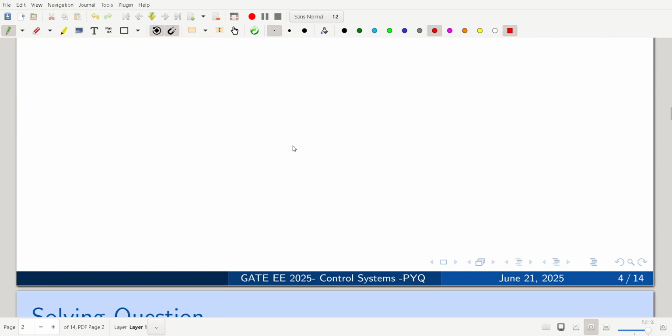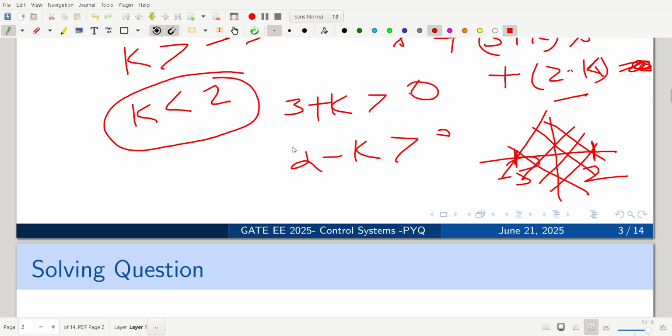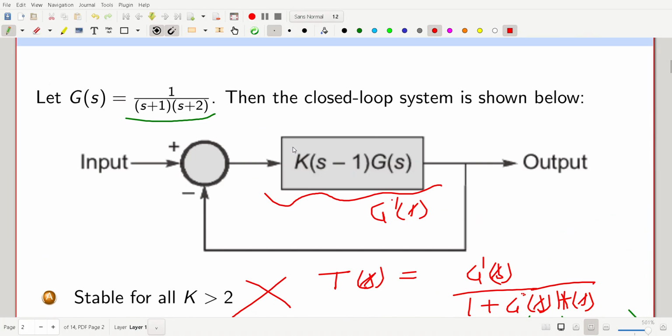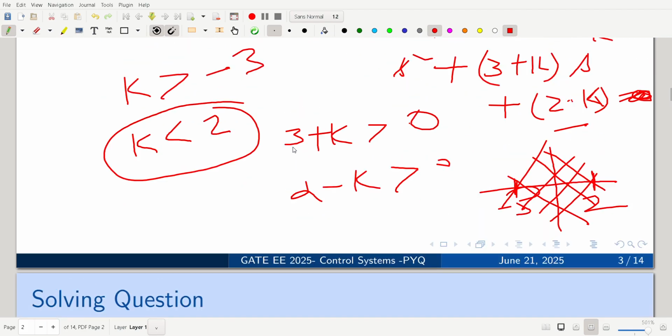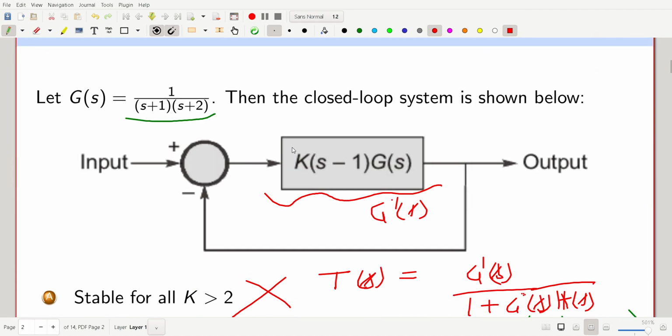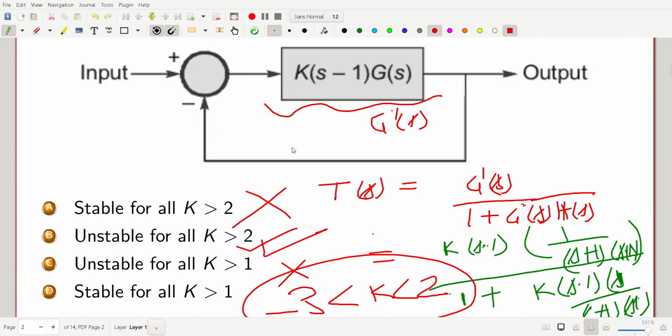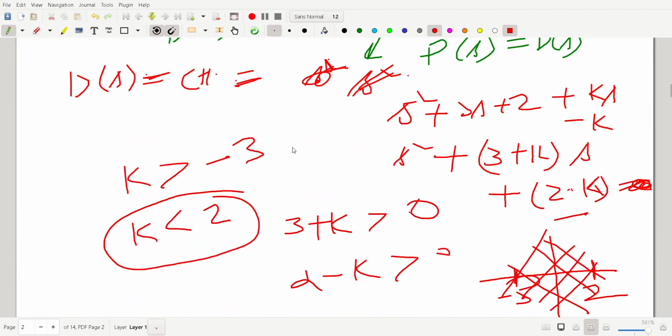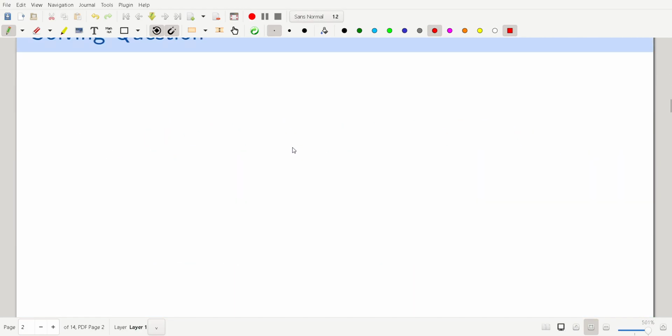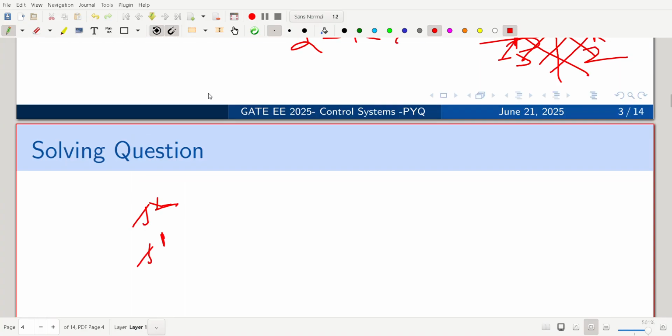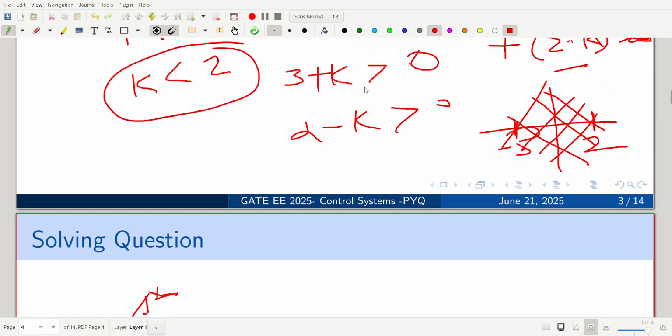So that's the question. I hope you understood. In this, because it is a second order system, there is no need to make a Routh array, which is very simple. If you try to make it, you will also get the same answer, right? Because whatever condition we apply here, 3 plus k greater than 0, and 2 minus k greater than 0.